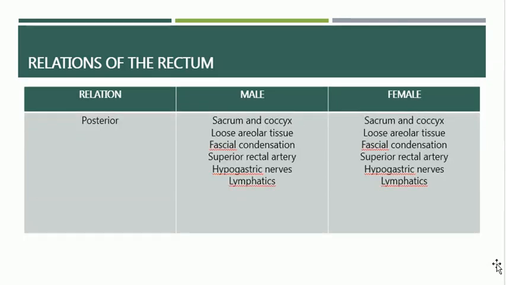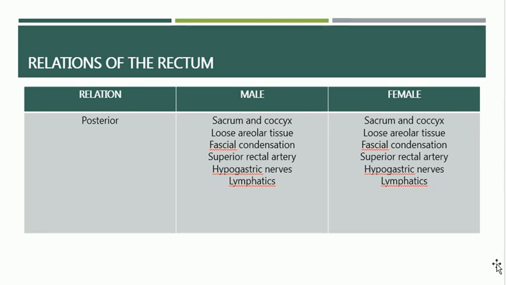Now, what are the structures which lie posteriorly to the rectum? In males, posteriorly there are the sacrum and coccyx, loose areolar tissue, fascial condensation as I told you, the superior rectal artery, and the hypogastric nerves.